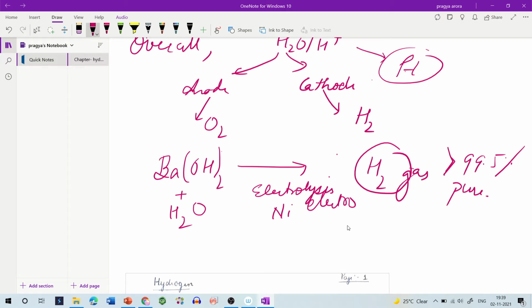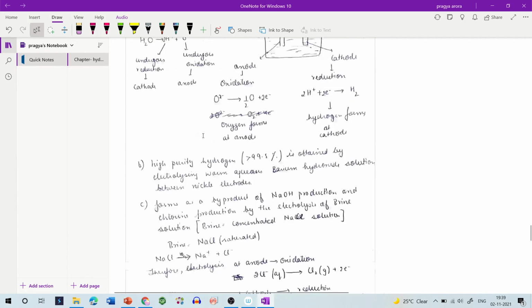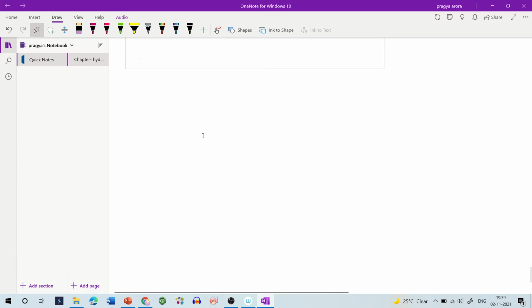Other than this, we have a method in the production of sodium hydroxide.